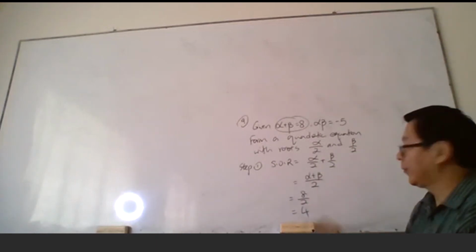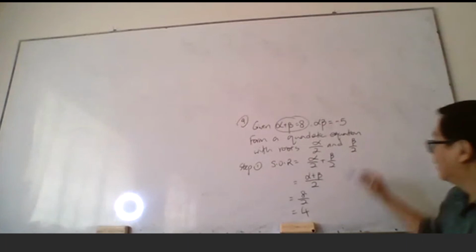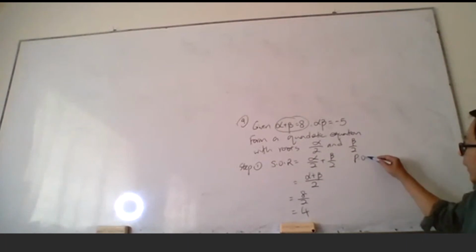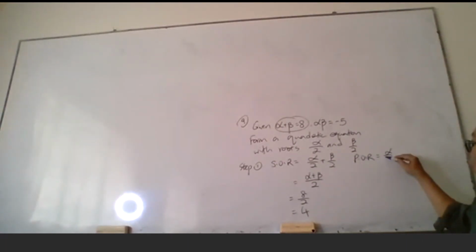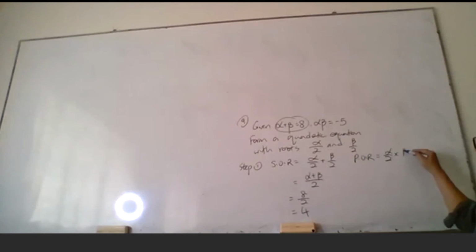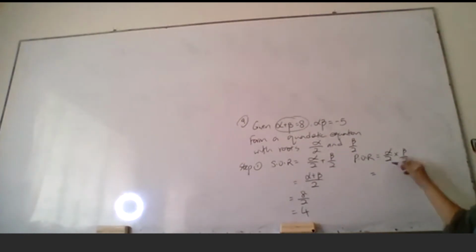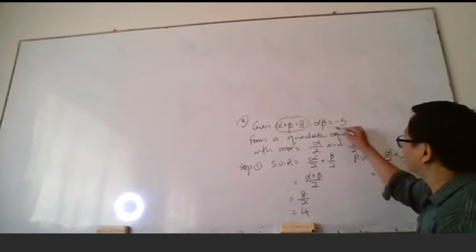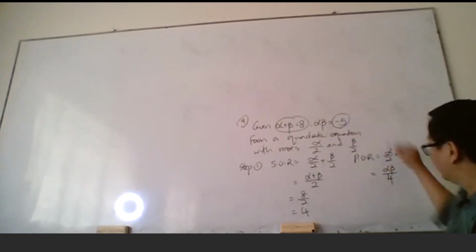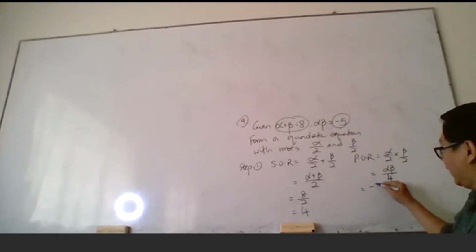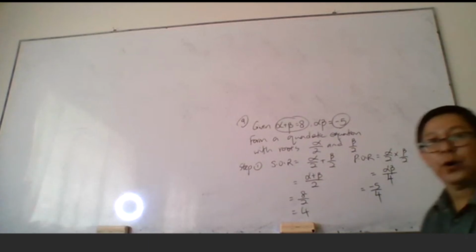You get 4. And the product of the roots means alpha over 2 multiplied by beta over 2. So alpha times beta on top and on the bottom will be 2 times 2, you get 4. And the value, -5, is going to replace. You get -5 over 4.